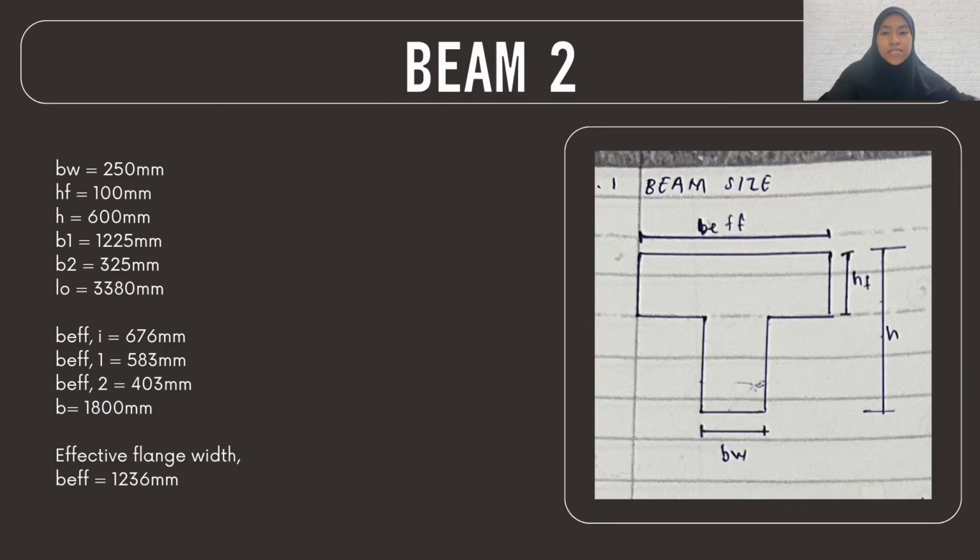After combining these values, the final effective flange width adopted in the design is 1236 mm. This ensures the beam behaves as a T-beam with sufficient compression area in the slab.